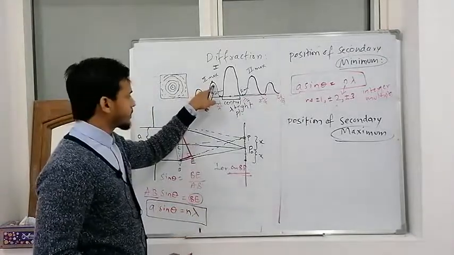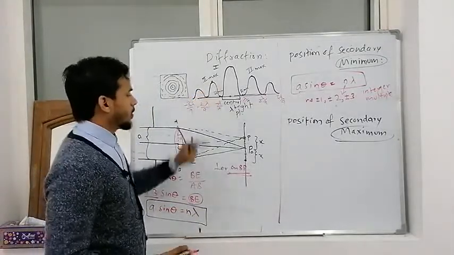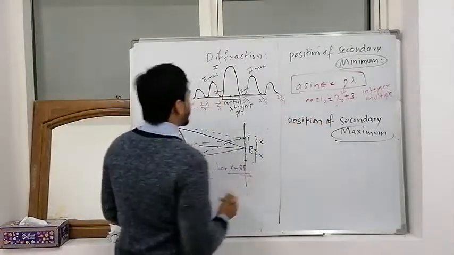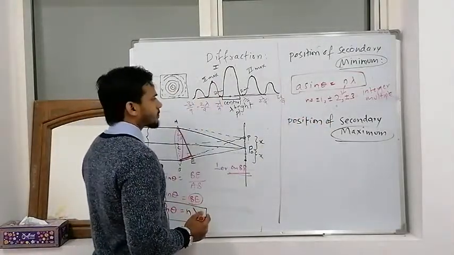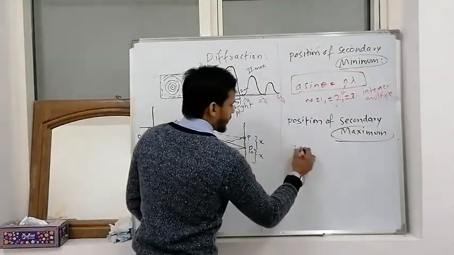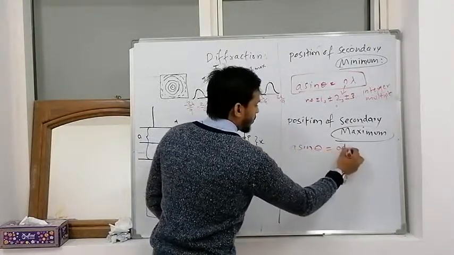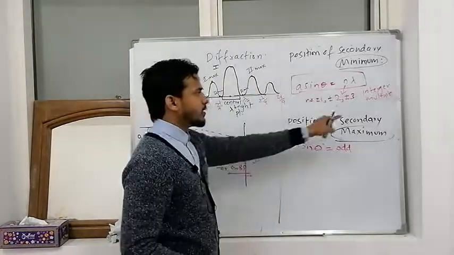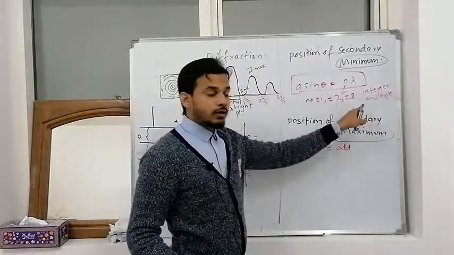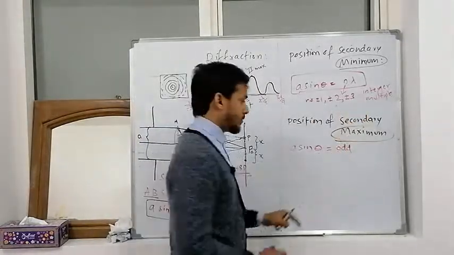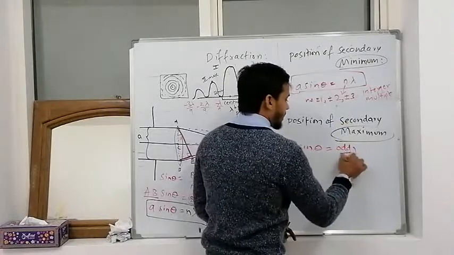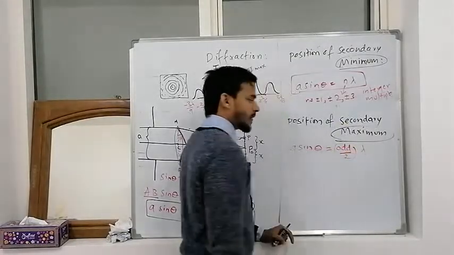Here. Here we will take A sine theta equal to odd half multiple of lambda, whereas there it was an integer multiple.